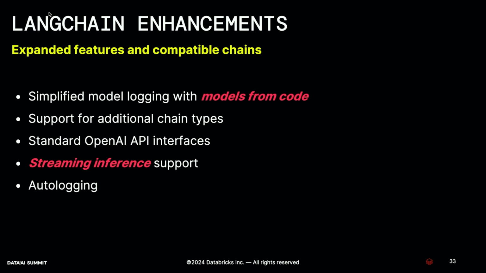We've also greatly expanded the number of chain types. It seems like almost every couple of weeks they're releasing a new one, but we're adamant about our continued support of making it so that you can use the latest and greatest things coming from that library.